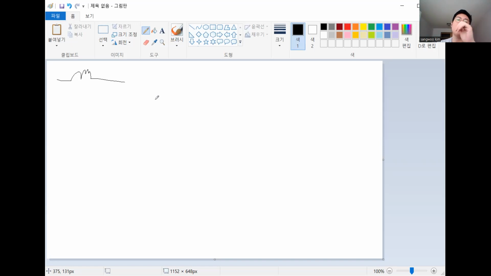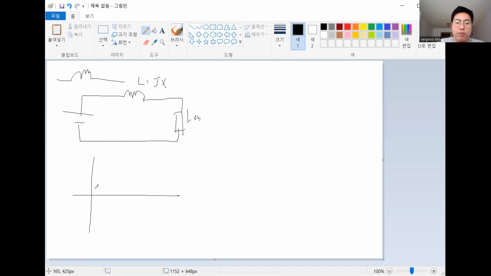So I said before, in the DC circuit, look at that. This is L, which is jX in the circuit, and this is the load. If I see the graph, here's time, here's current, for example 10 ampere.